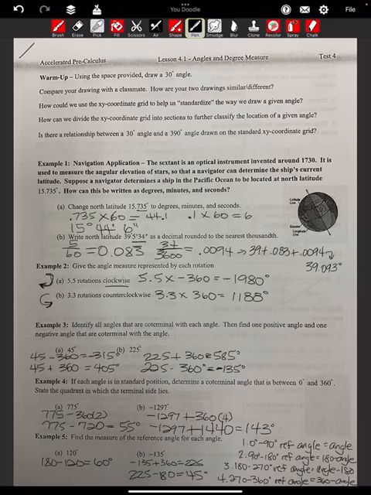Now that we know it's 225, that fits rule number 3, which is 180 to 270. We're now going to say 225 minus 180 equals 45. So when it's negative, you have to add 360 before you use one of your rules. And if it's positive, it should fit rule 1, 2, 3, or 4.